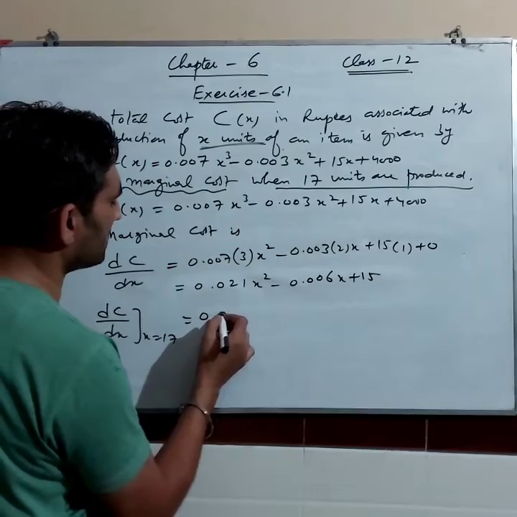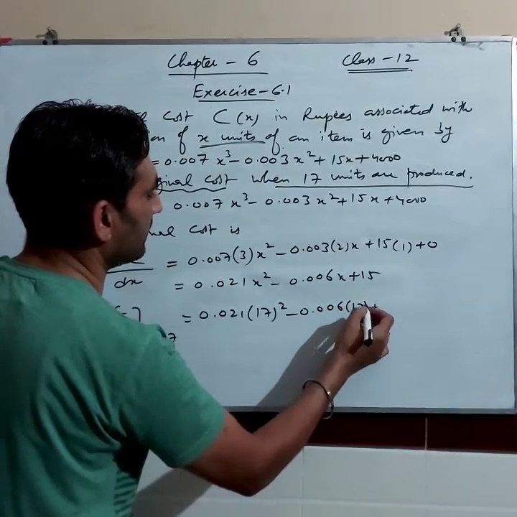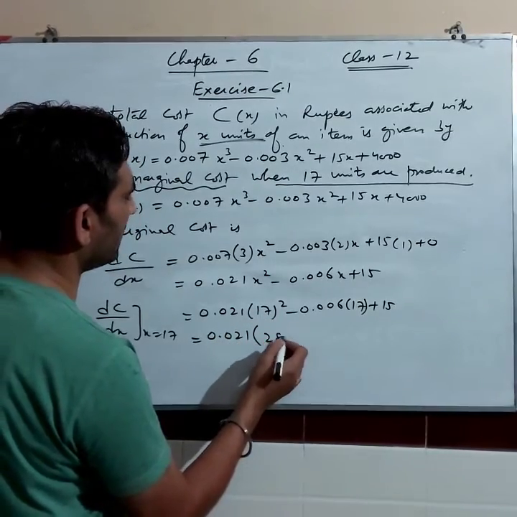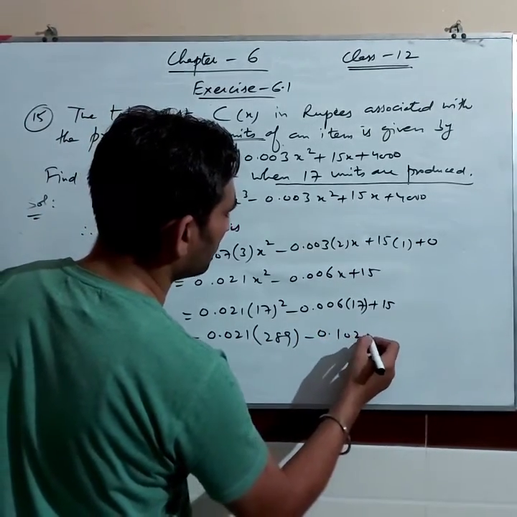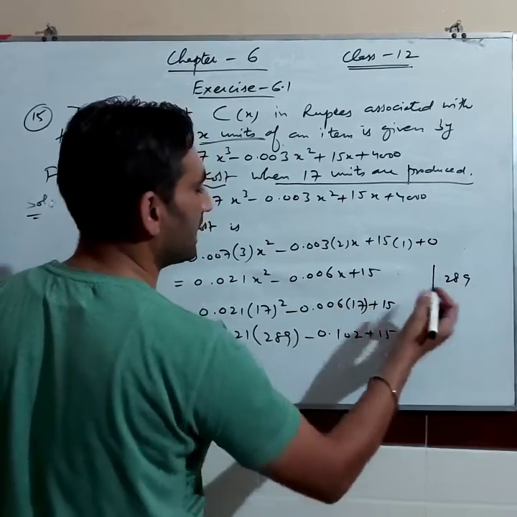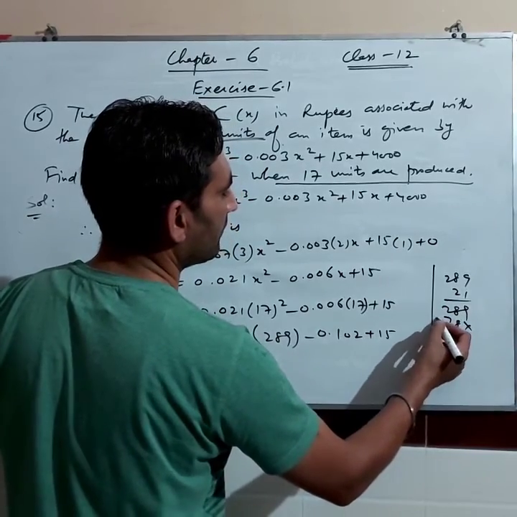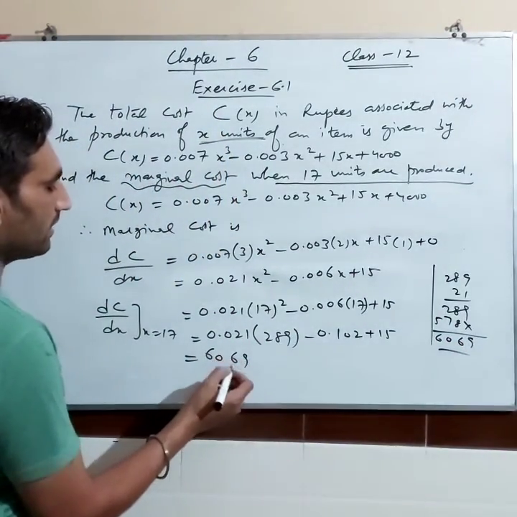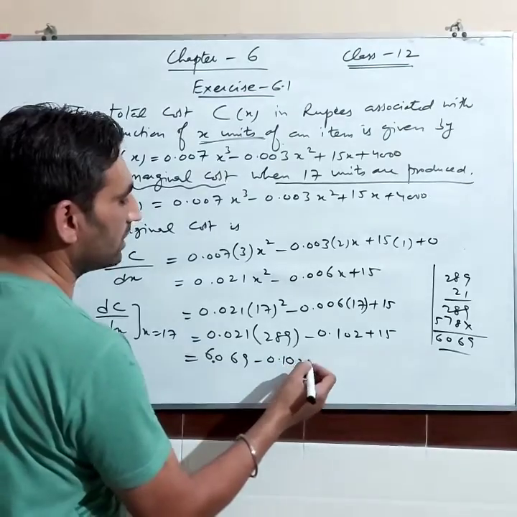Put 17 here: 0.021 into 17 square minus 0.006 into 17 plus 15. 17 square is 289, and here minus 0.102 plus 15. 289 into 21 we will find first, then we will see the marking of the decimal. It is 6069, and the decimal will be after 6. So it is 6.069 minus 0.102 plus 15.